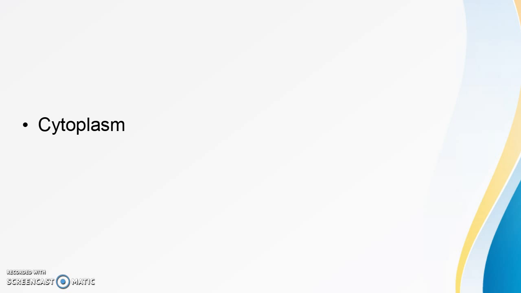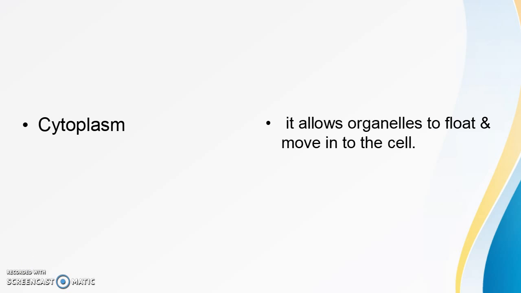Cytoplasm. Cytoplasm is a semi-fluid substance of all cells that is external to the nuclear membrane and internal to the cellular membrane. Its function is it allows organelles to float and move in the cell.